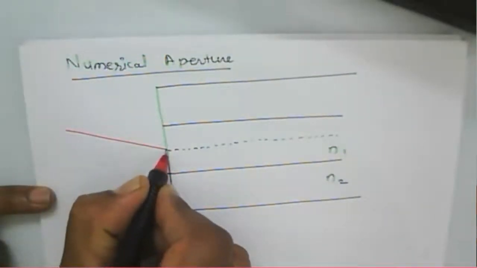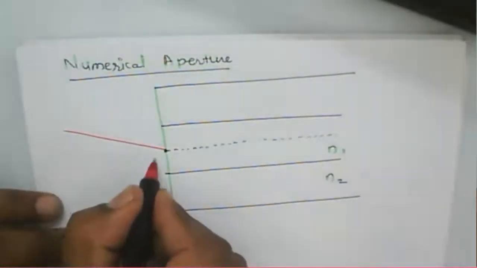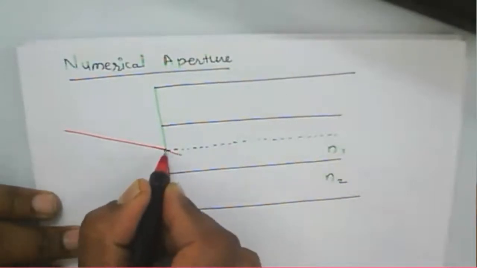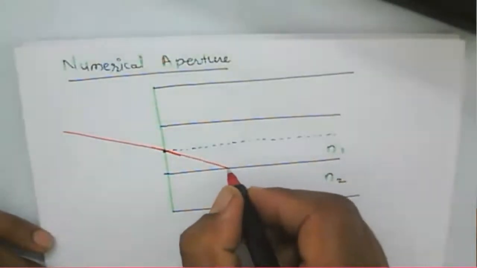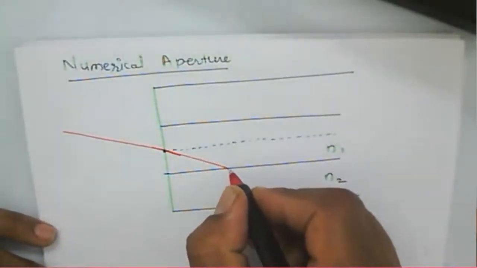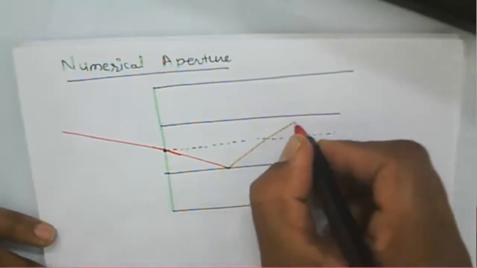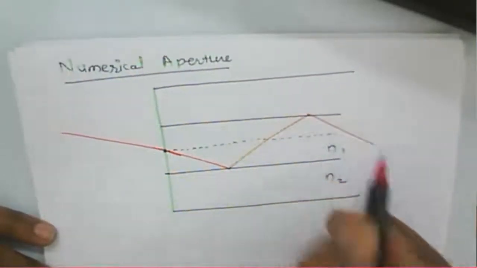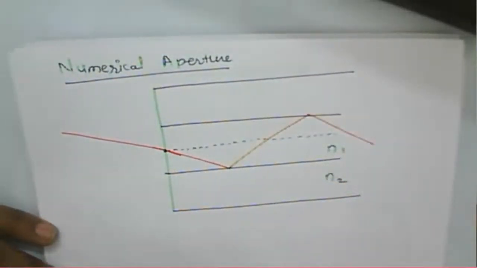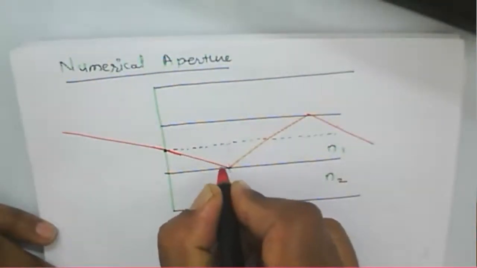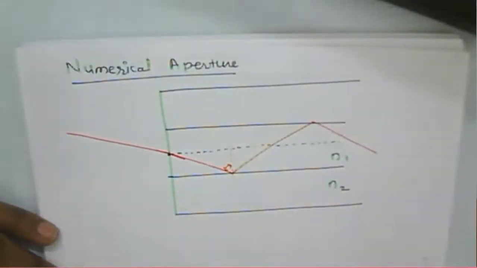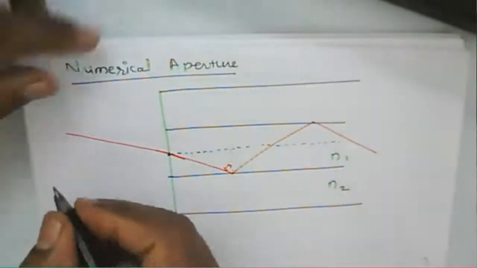Now when light is incident, it will propagate through the fiber. Because the angle is greater than the critical angle, it will be reflecting. Likewise, your light will propagate through the fiber, and at this boundary the angle is greater than the critical angle.